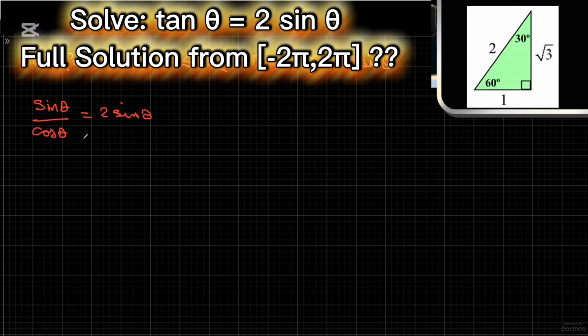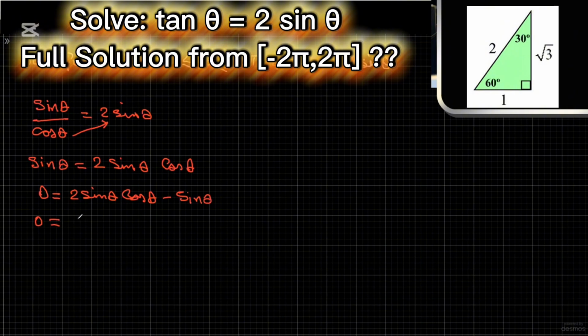And the next thing I have to do here is just cross multiply the cos theta to 2 sine theta, and then I'll end up with sine theta equals 2 sine theta cos theta. Now I'm going to equate this to 0, so 0 equals 2 sine theta cos theta, and when I move sine theta to the other side, it becomes minus sine theta.